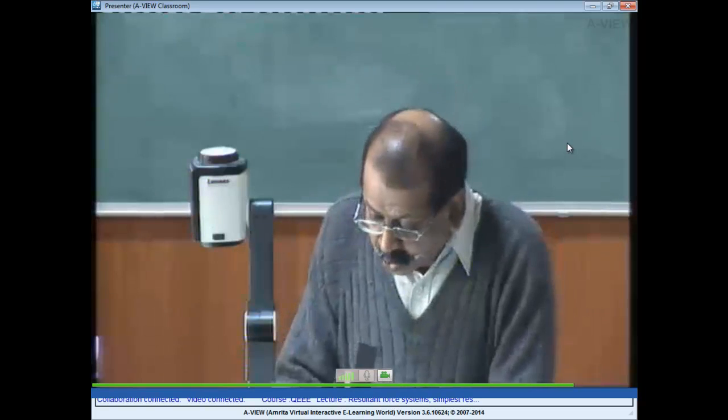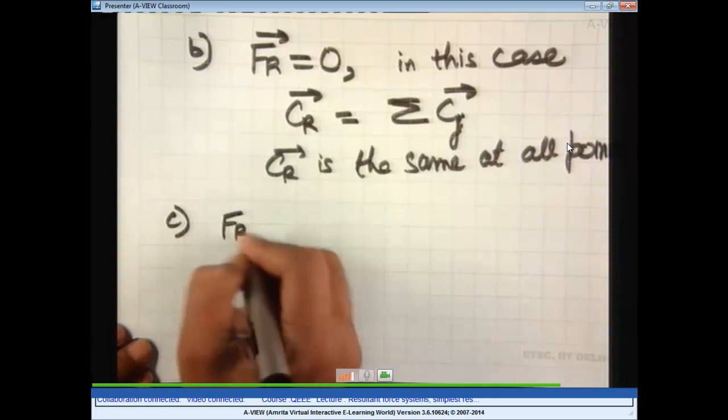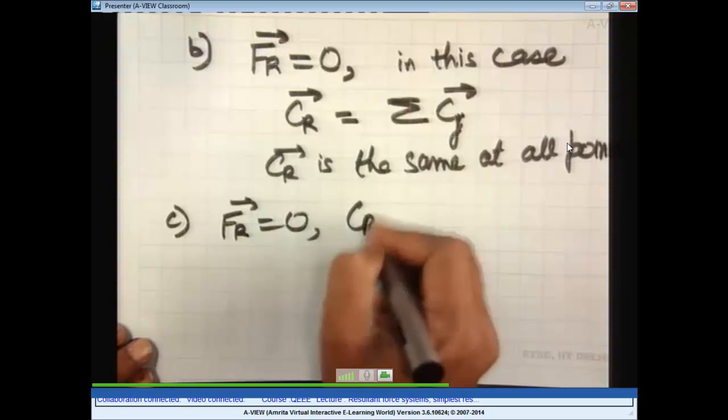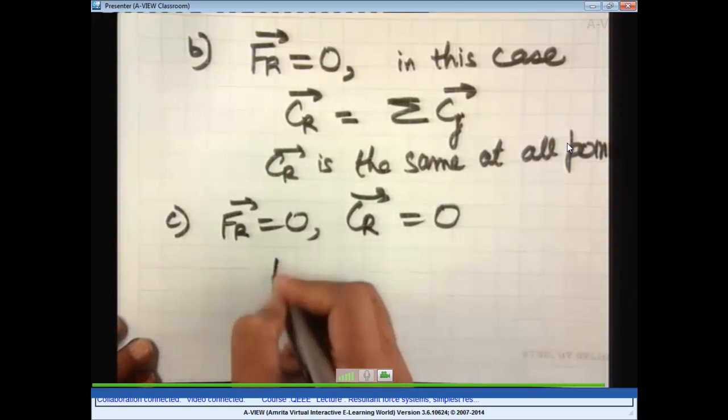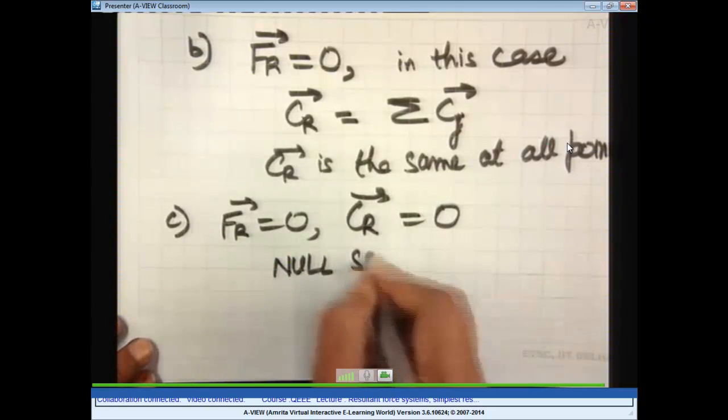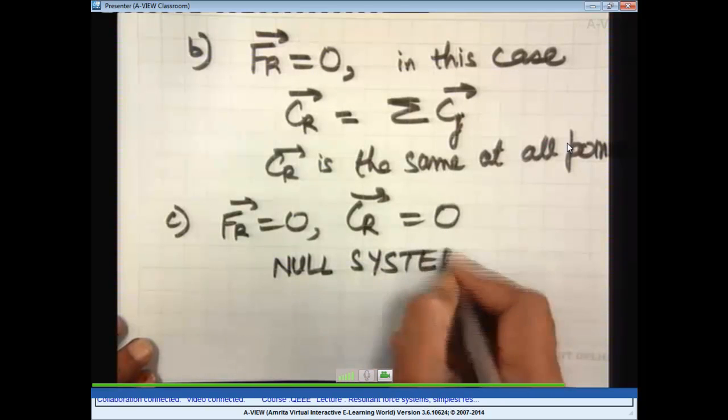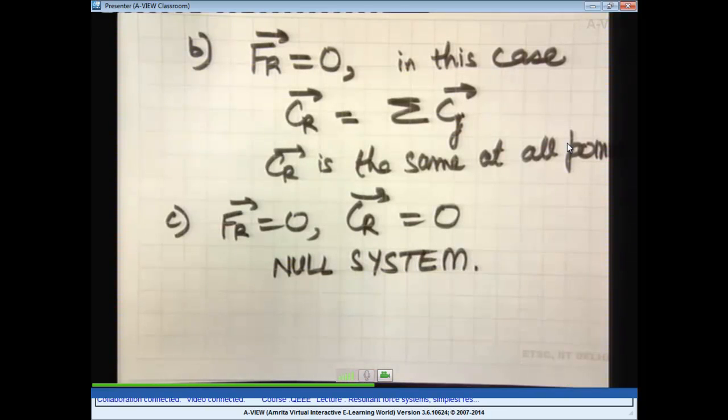And the third case could be when Fr is equal to 0 and Cr is also equal to 0, and this is what we call a null system. So these are the 3 possibilities which could arise in the case of a parallel force system.